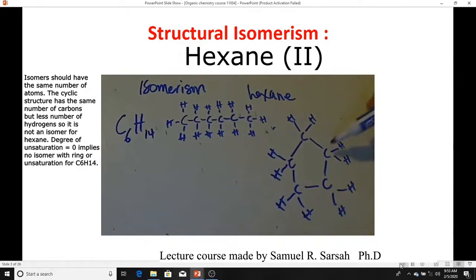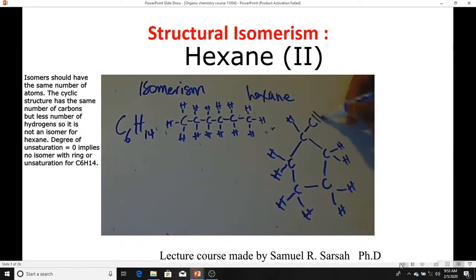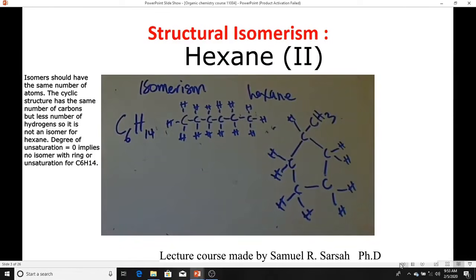Cyclopentane has 5 carbons and 10 hydrogens. Let's try and see if this will give us something. So we have 3, 4, 5, 6, 7, 8, 9, 10, 11, 12.